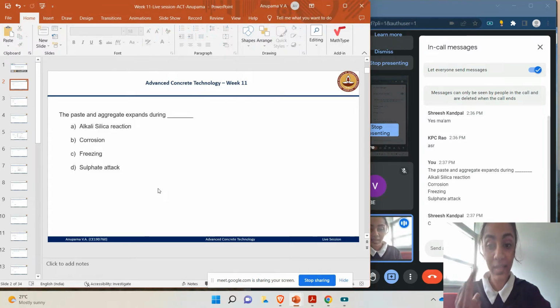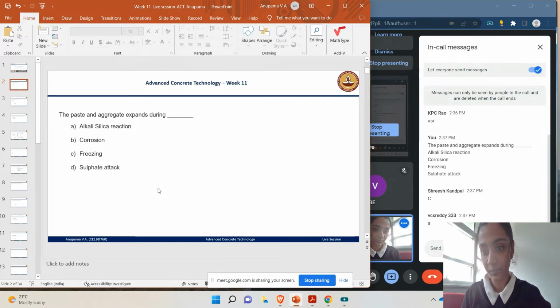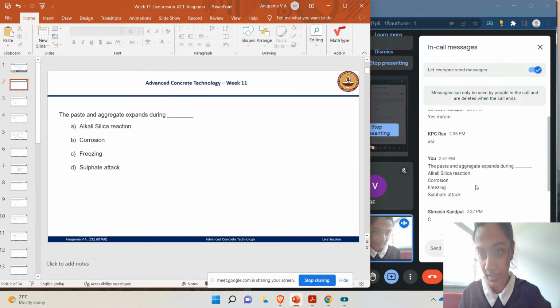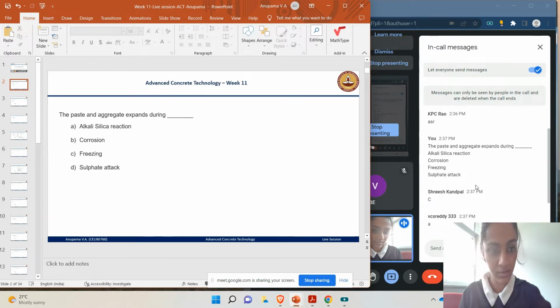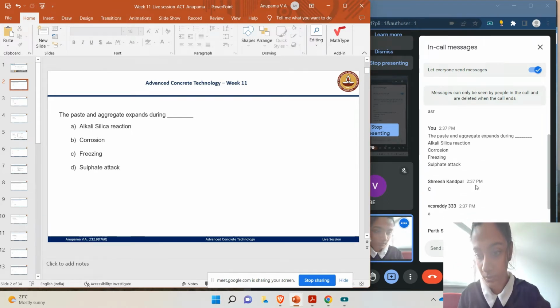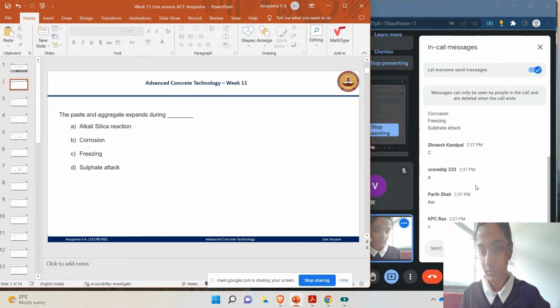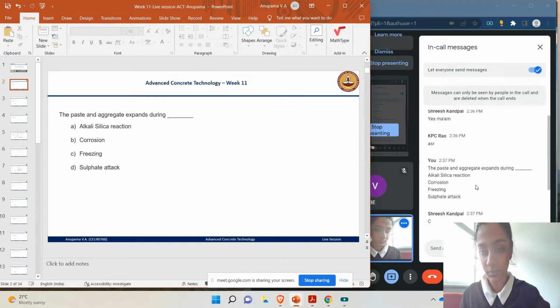The paste as well as the aggregate expands during alkali silica reaction, corrosion, freezing, and sulfate attack. Thank you guys for responding. I can see answers about ASR and freezing.